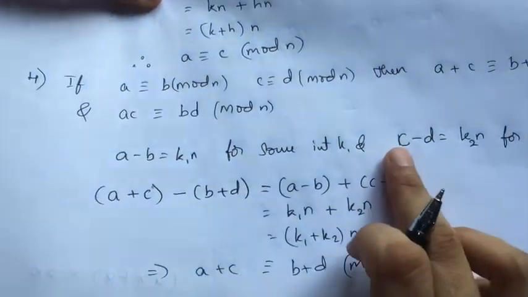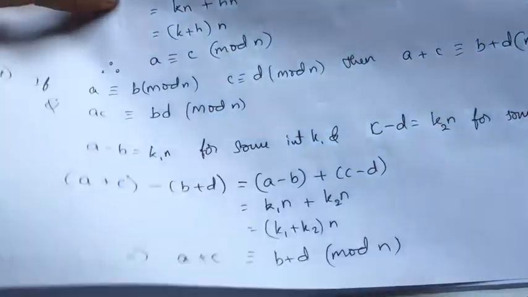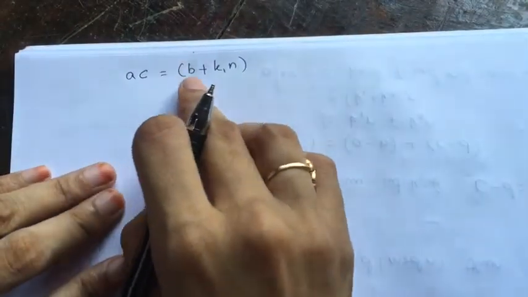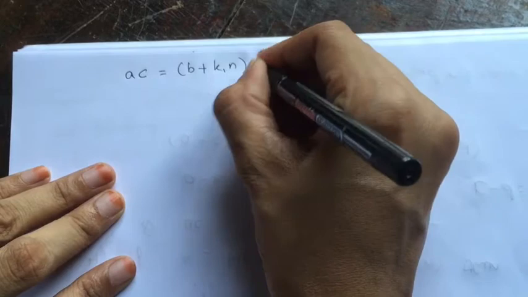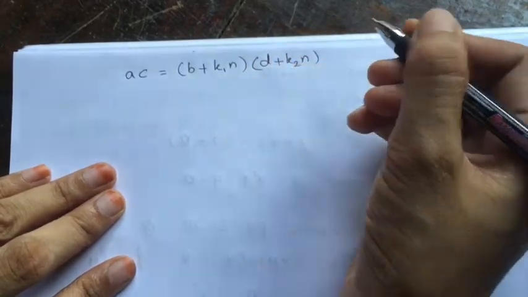Similarly, C minus D is K2 times n, so C is D plus K2 times n. The same thing I am applying here. AC is nothing but B plus K1 n times D plus K2 n.